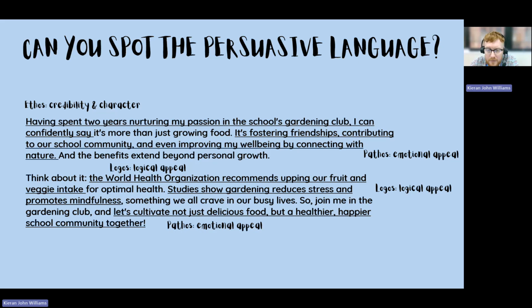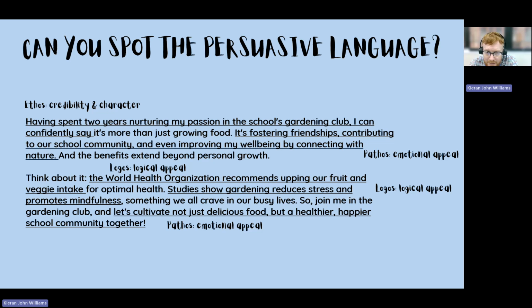This could be an example of both pathos and ethos. The invitation uses inclusive language like join me, let's, together, which creates the idea of unity, emotional appeal. But at the same time, the speaker positions themselves as a credible insider, already involved in the club. Okay, so that is the idea of ethos.